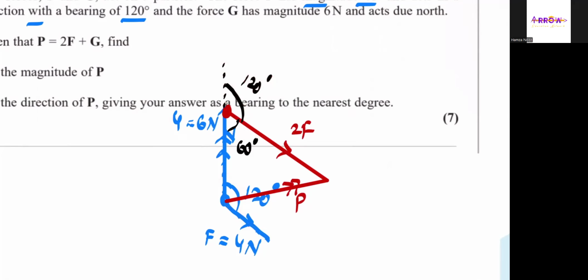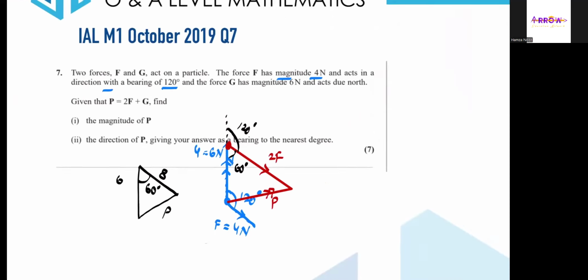Okay, so now you have a triangle something like this, in which this side is 6, this side is 2F, which is 8, this side is P, and the angle between 6 and 8 is 60 degrees. All right, so now you can use the cosine rule in order to find the value of P. As simple as that.